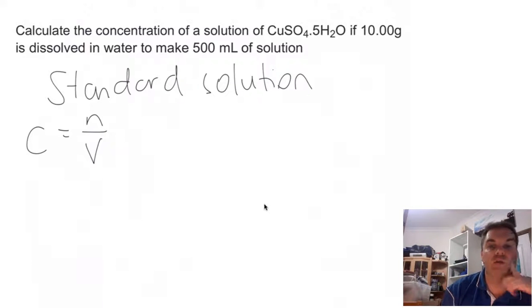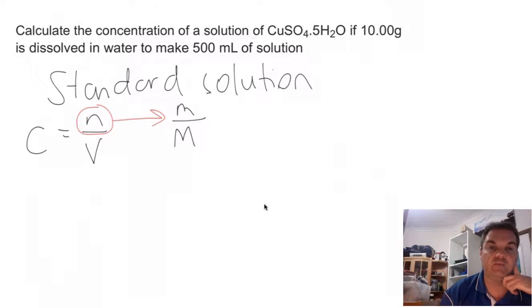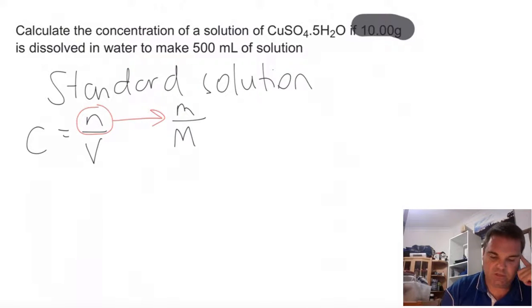In order to calculate number of moles, we need to know the mass over the molar mass. That's from the n equals m over M function. Up here in our equation, we've got 10 grams dissolved. We're going to use that firstly to calculate number of moles.